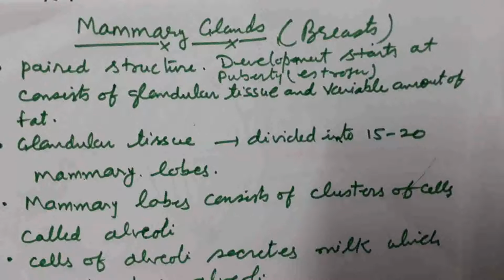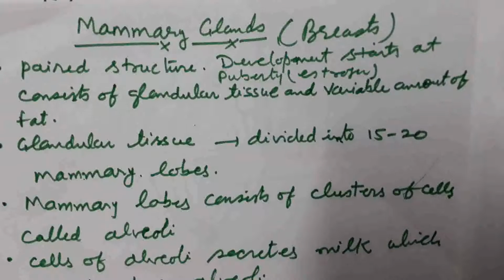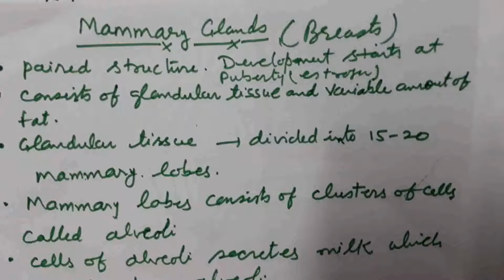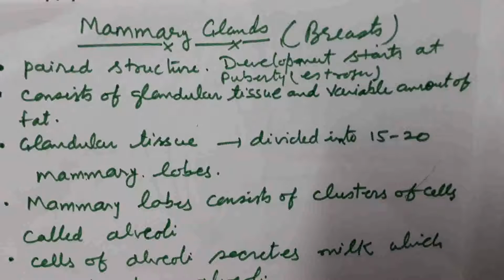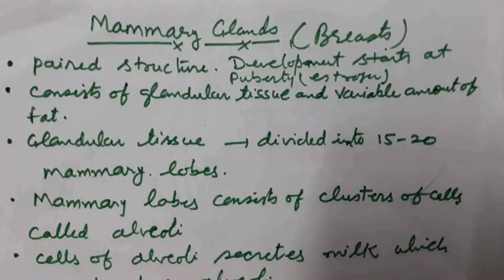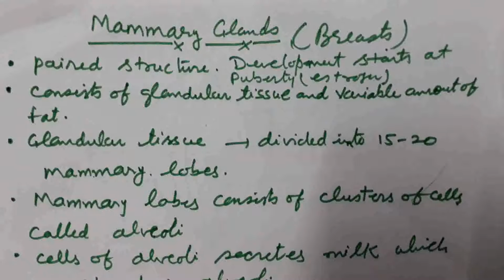Mammary gland is a compound tubulosaccular gland. It is a modified sweat gland. It is a paired structure in the case of female. Development of the mammary gland starts at puberty under the influence of the female sex hormone, that is estrogen.